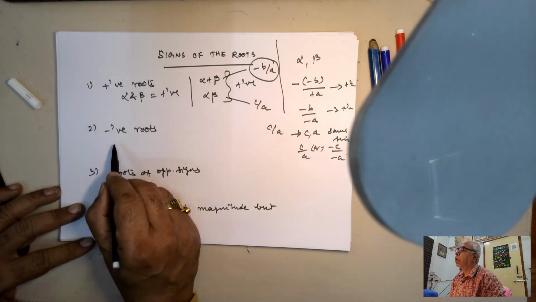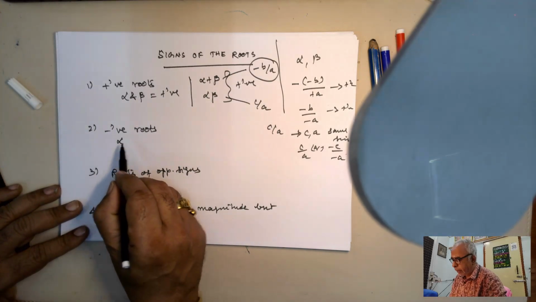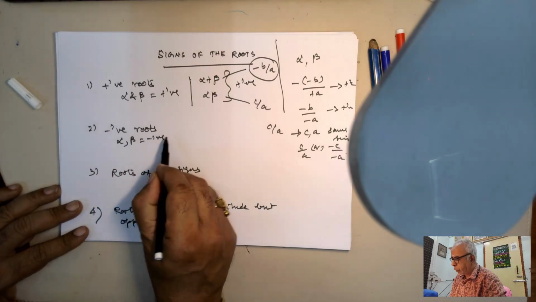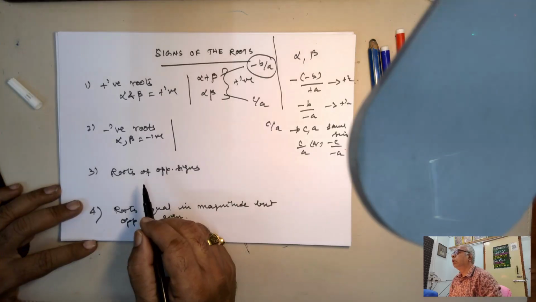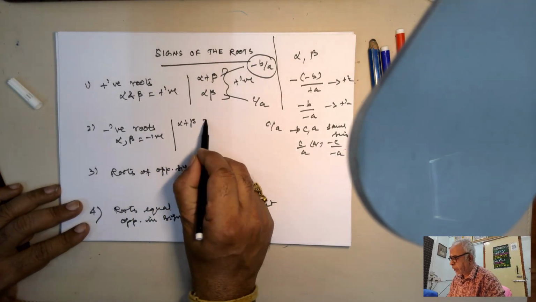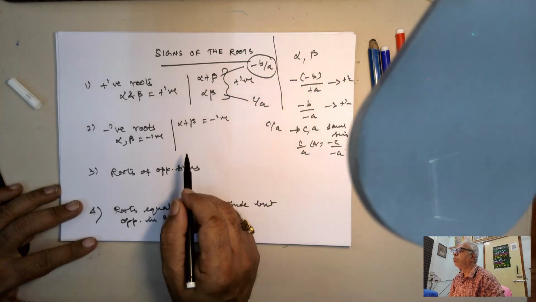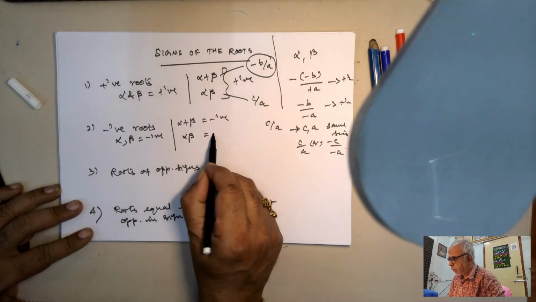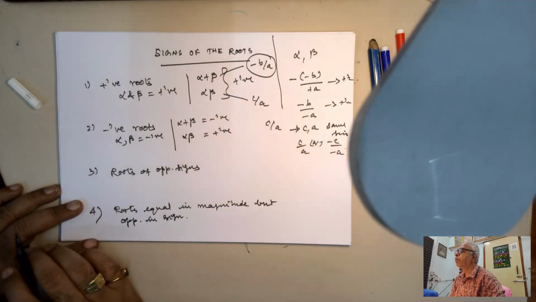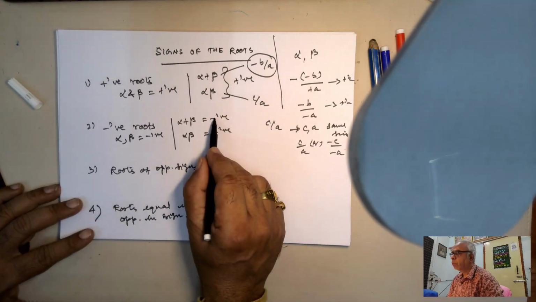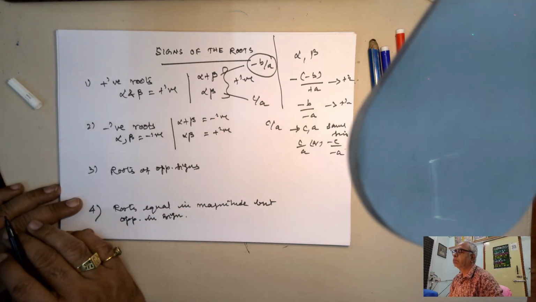Alpha and beta both will be negative when alpha plus beta is negative and alpha beta is positive. Okay, it means minus b by a is negative, c by a is positive.